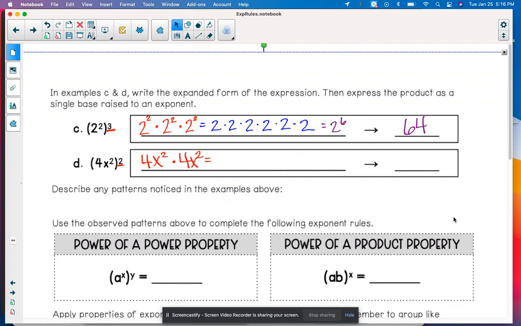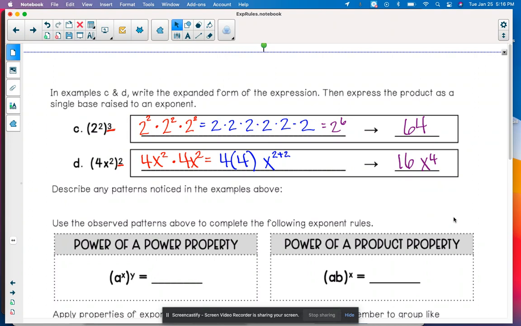So 4 times 4, and then I have x squared, so x to the 2 plus 2. When I finish solving this, 4 times 4 is 16, and then 2 plus 2 gives me x to the 4th. So that's two different ways that we can approach this power of a power and power of a product property.